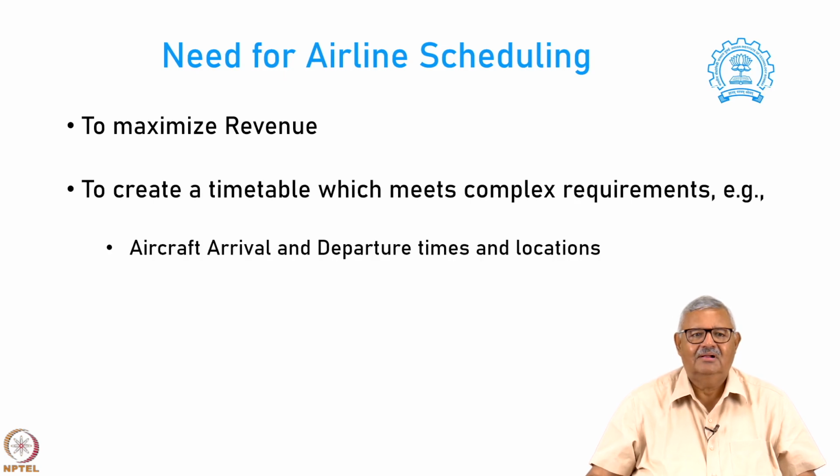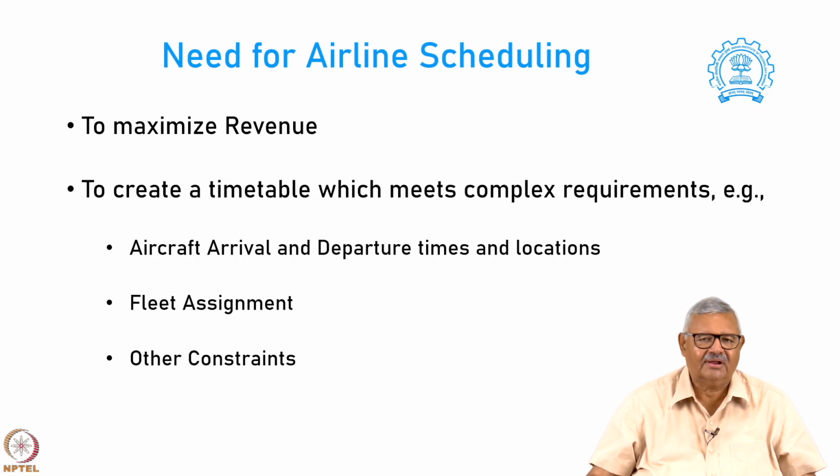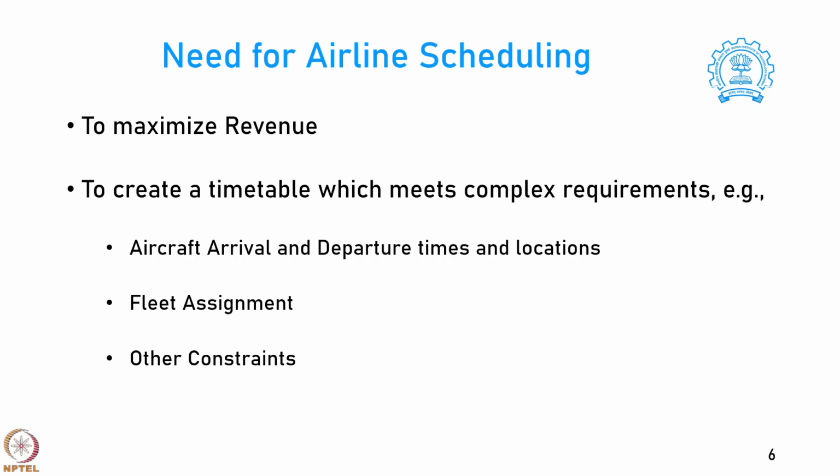For example, the arrival and departure times for the aircraft, and also which location they are operating from and which location they are arriving at. Then, as I mentioned, fleet assignment, and then there are many other constraints, some of which I have spoken about and some of them I will try to demonstrate in the problem.